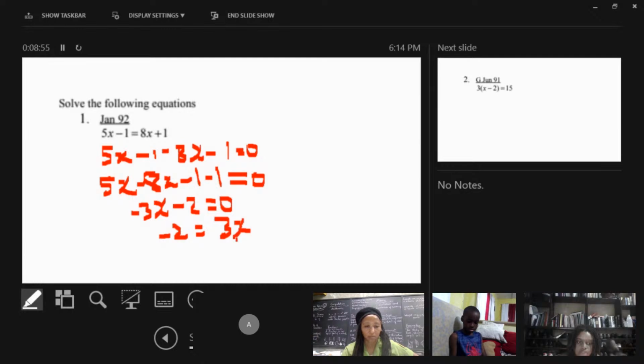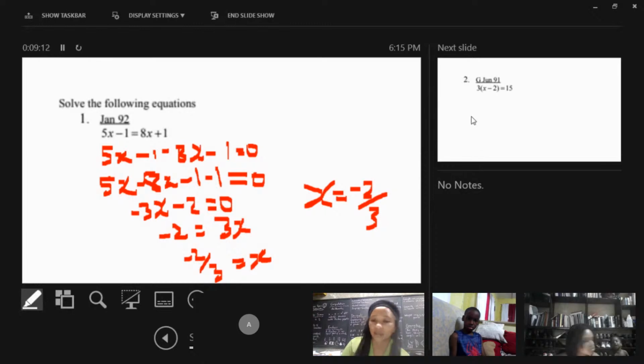And x would be negative 2 over 3. All right, so let's rewrite it with the x on the left because we like to do that. So x is negative 2/3. All right, that's correct.